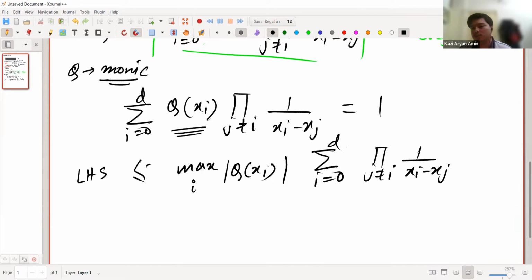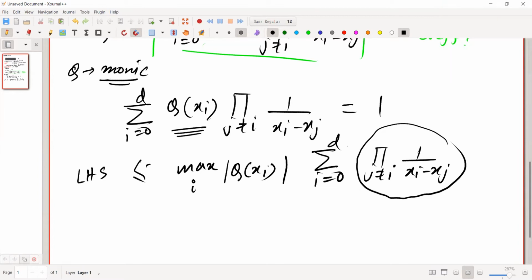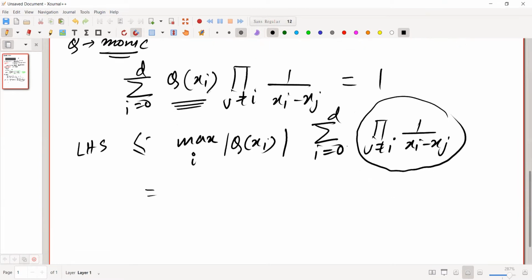So now, can you suggest a way to bound this term? D by 2 factorial, yeah, that is one way. Can you think of another way such that the summation becomes nice?